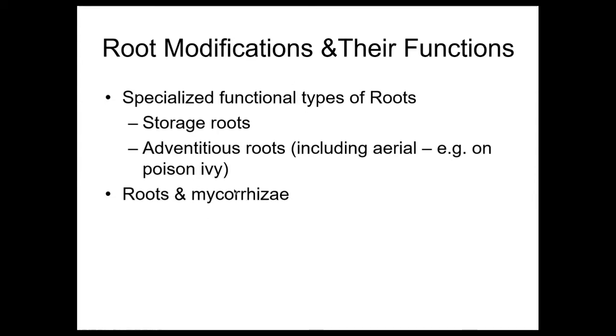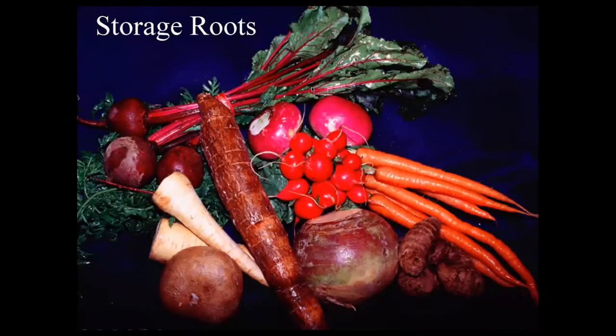Actually, that's quite complicated when we get to mycorrhizae, but this specialized business is not too difficult. All right, one of the major functions of roots, besides the other functions we mentioned, of which absorption of water and minerals is a biggie, is storage. And we've got several here: carrots and radishes and turnips and beets, parsnips.